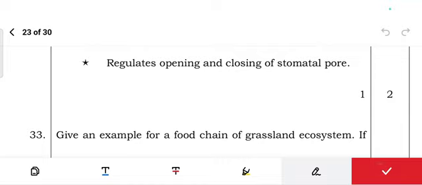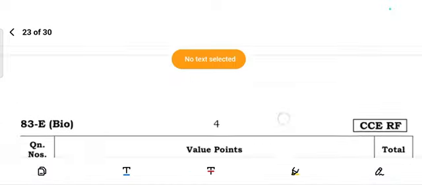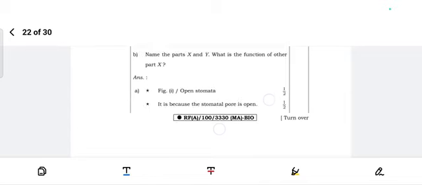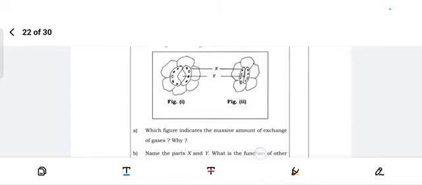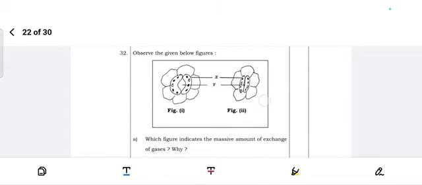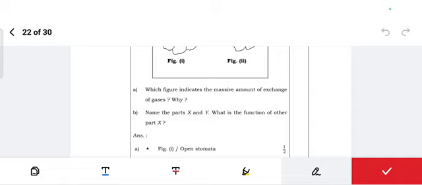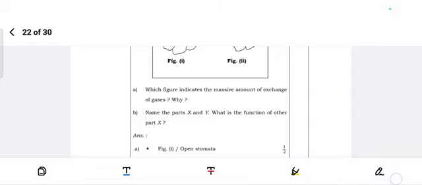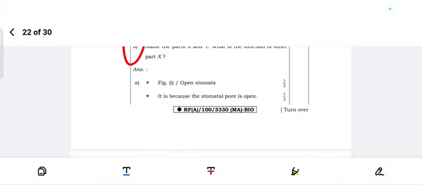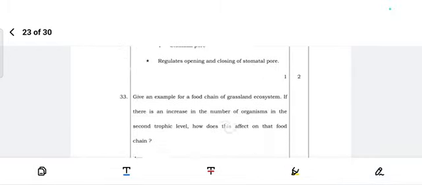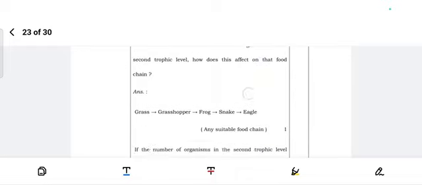So this is your life process question. This carries, I think, 2 marks. A, B you have to answer. So half of the marks for the first one, then half of the marks for the second one, that is a 2 mark question.